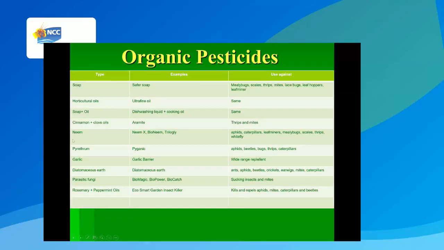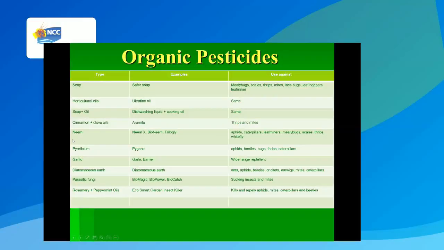And the first one being soap, which controls a wide range of different pests, including the mealybugs, scales, thrips, mites, leaf bugs, leaf miners, and so forth. And it basically smothers those insects and kills them.